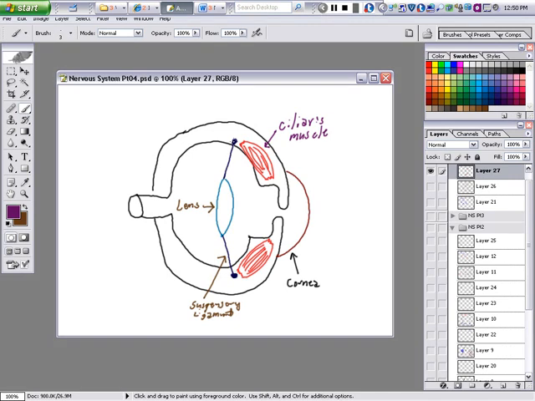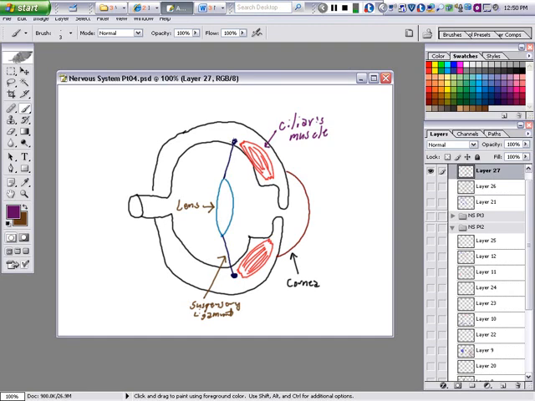Now, this is the trick we want here. Do you need for the ciliaris muscle to contract or relax? Exactly. That's the exception. It makes no sense unless you understand this diagram. You need for the ciliaris muscle to relax.